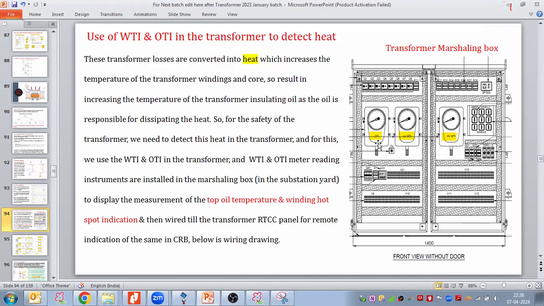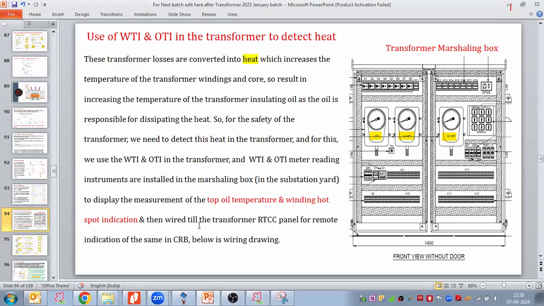So WTI for the overall oil temperature measurement, and we have LV winding and we have HV winding. So due to that reason, we are using the LV WTI and HV WTI as well. So the meter reading instruments are installed in the marshalling box to display the measurement of the top oil temperature and winding hot spot indication.